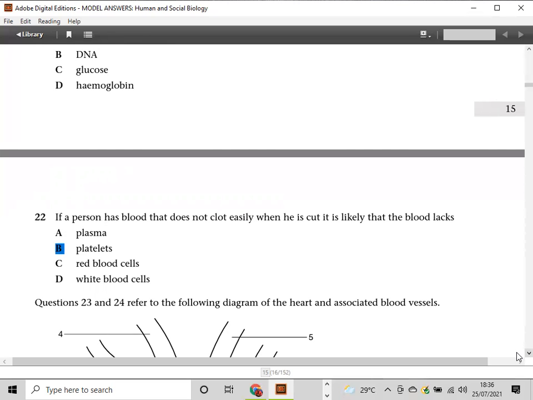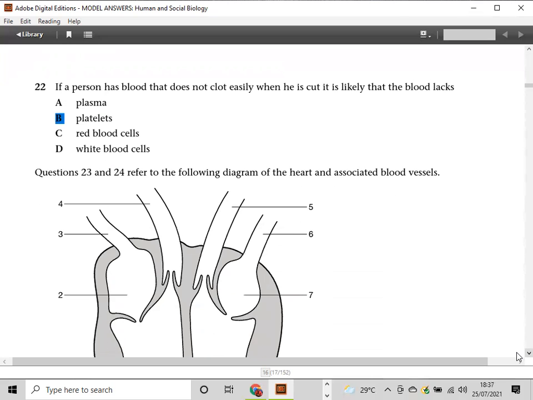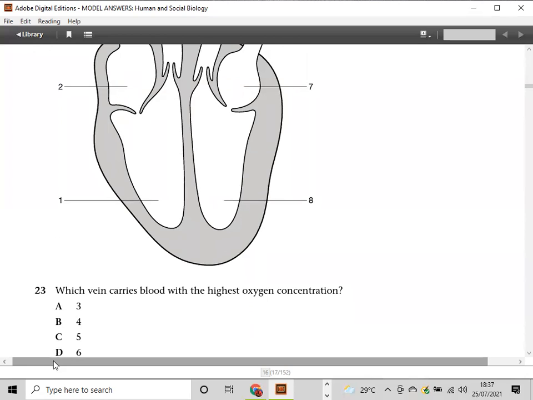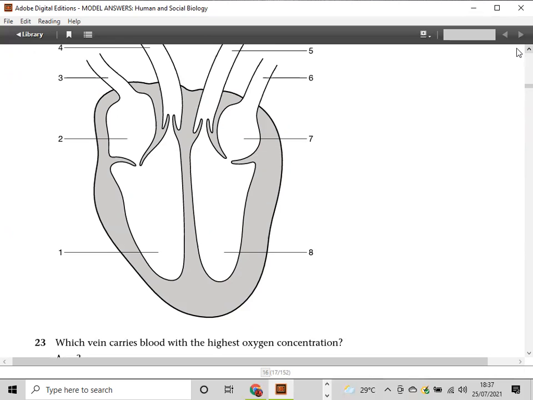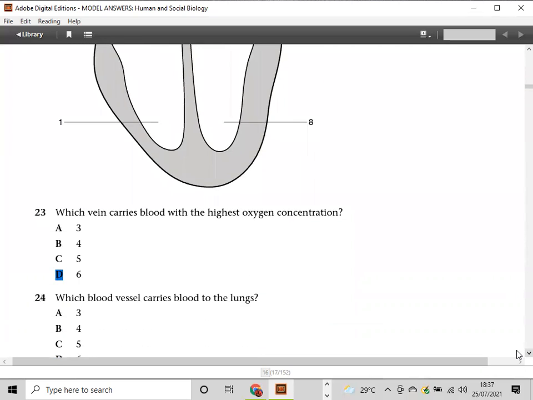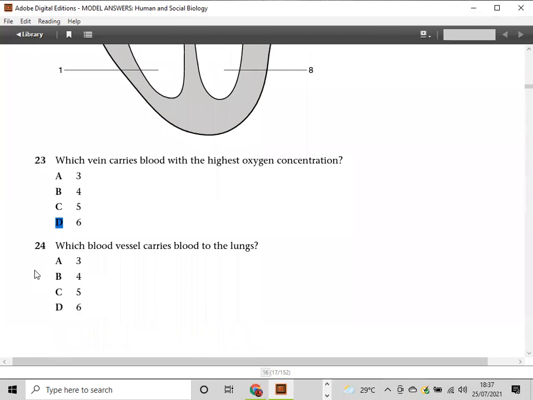Let's move on. That's the answer. Remember the explanation and so forth tonight. 23 is D. Let's do this. 24 is E. Remember, at some point, I'm just going to call the letter, all right?